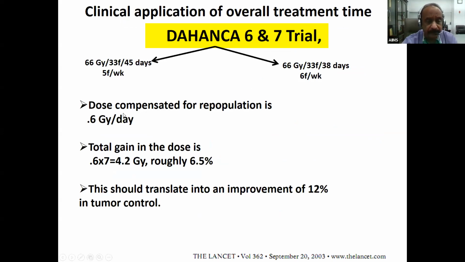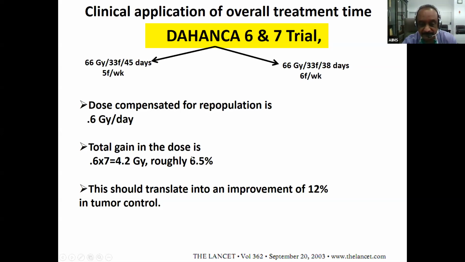And we know that the dose compensated for repopulation per day is 0.6 gray per day. So when you reduce by 7 days, naturally you gain biological effective dose. It will be 0.6 multiplied by 7, that is 4.2 gray you gain, which is roughly 6.5%.